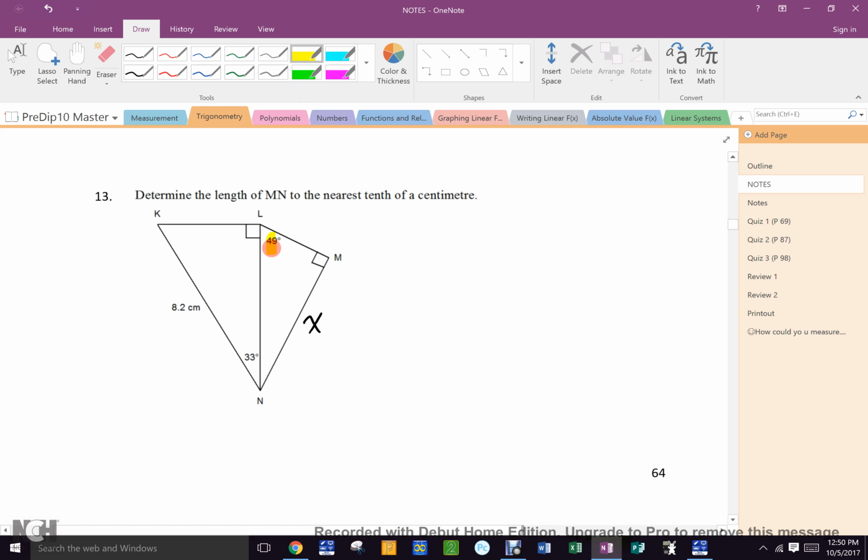Do I have one of them? So then I need either the blue line or the green line. Which one can I get? The blue line. Why? Because in the blue triangle, do I have two pieces of information? Yes. Go. Remember, you are to write it out and not touch your calculator.